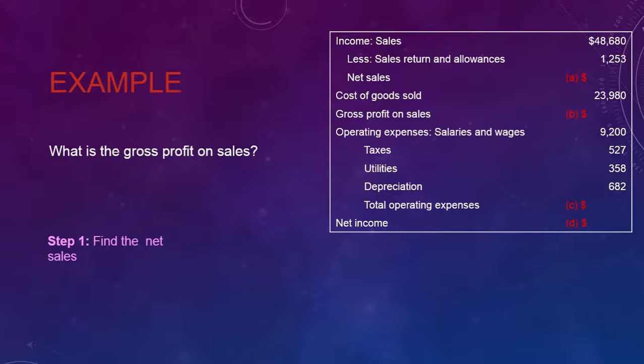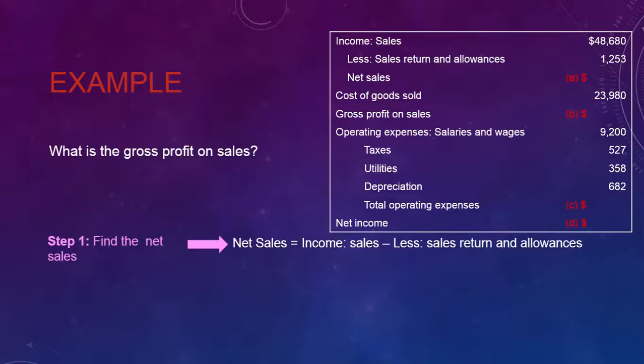So to do that, we need to find the net sales, which is the A value, and the formula for net sales is the income minus the sales return and allowances. Plug everything we have in. $48,680 minus $1,253, giving us a net sales of $47,427.